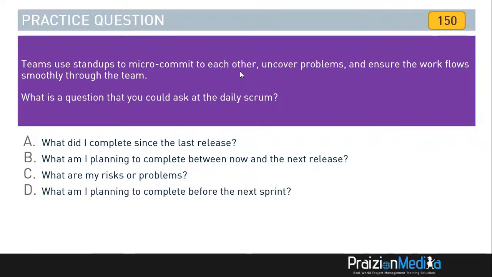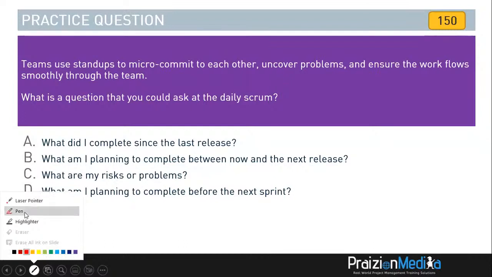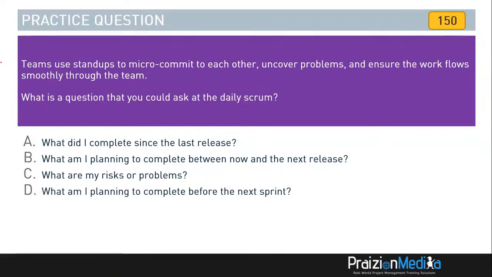So the three questions in the world of Scrum are, what did I do yesterday to move us towards the goal? What will I do today to move us towards the goal? And are there any impediments? So which of these fits the bill? It's not about releases, so that immediately disqualifies A and B. You see the word release, you've got to be careful with that.